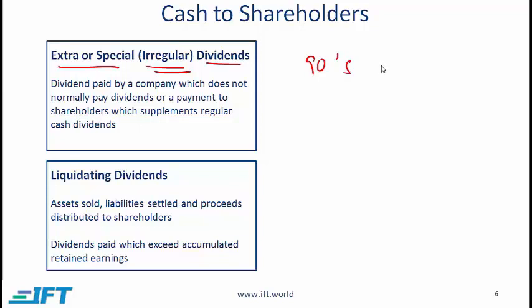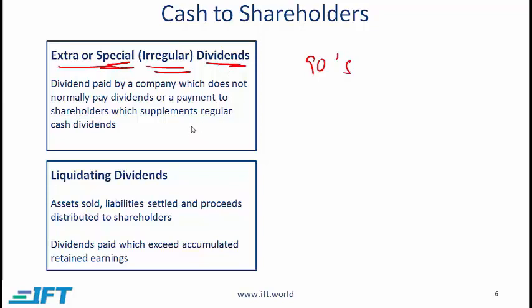So Microsoft announced a special dividend where it gave a certain amount of money to every shareholder. That was categorized or announced as a special dividend because Microsoft did not want to set expectations that it would keep giving this dividend. You can simplistically think of these as a one-off based on circumstances.